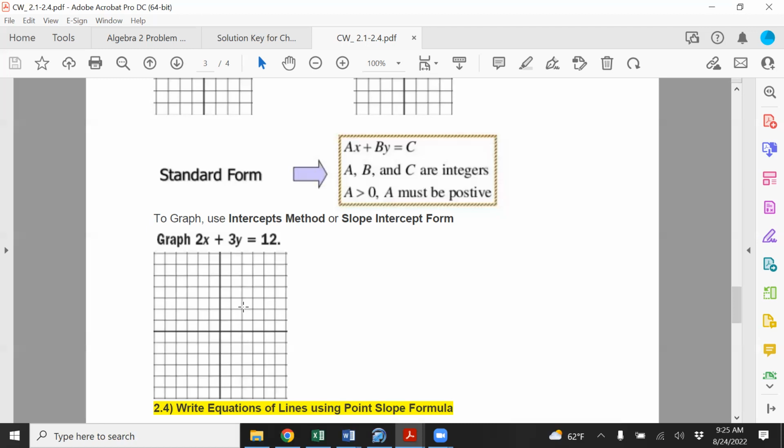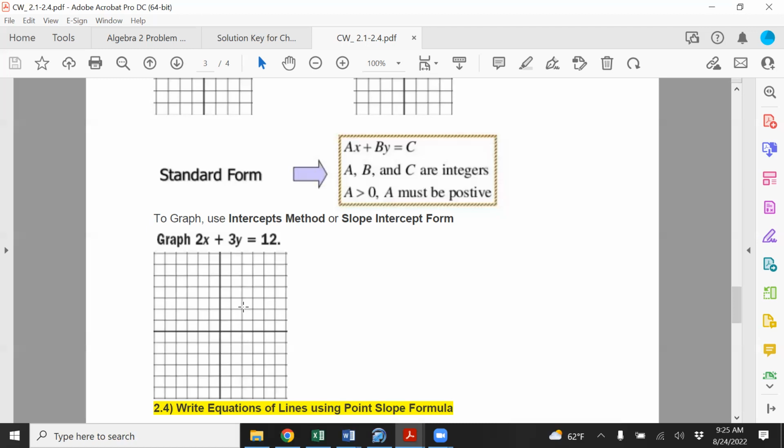But anyway, 2x plus 3y equals 12. What I would do is isolate y. Okay, so what did I just do?